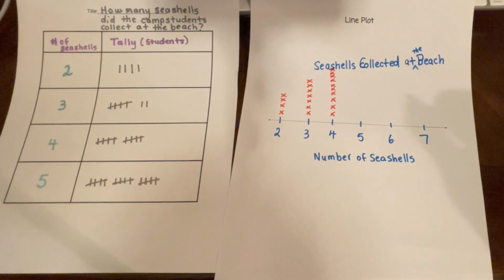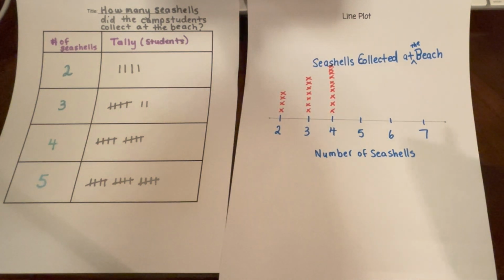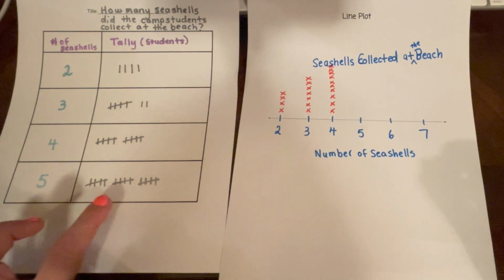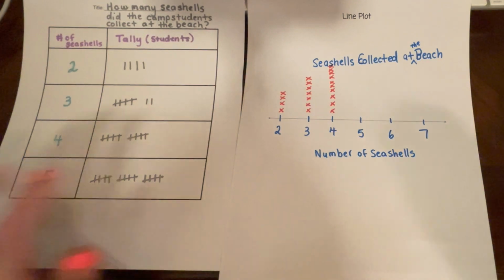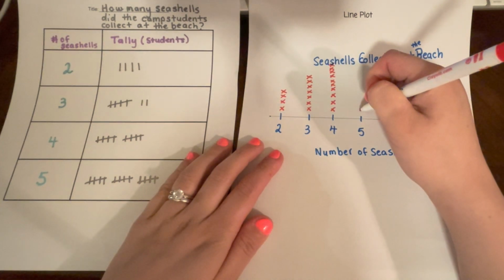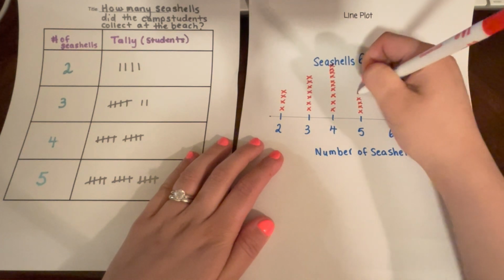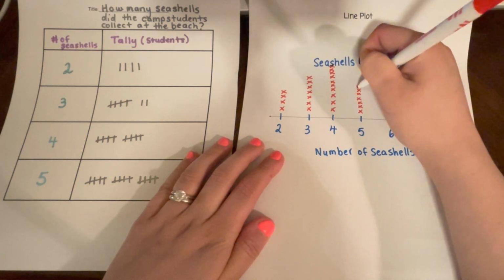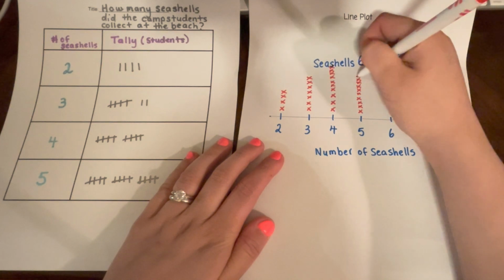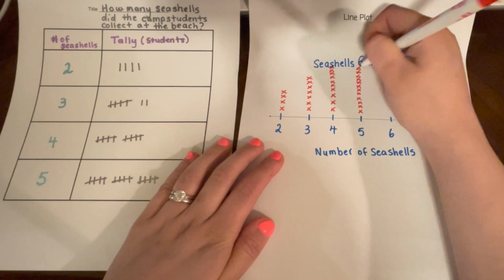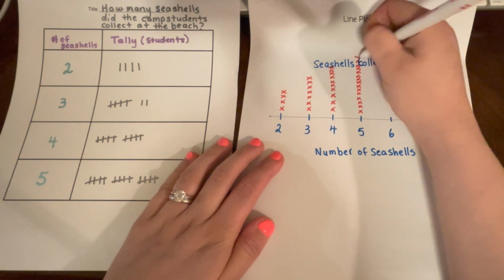Oops, I should have put my title higher. So think of that when you're doing your own line plot. And then 15 students picked up 5 seashells. So 1, 2, 3, 4, 5, 6, 7, 8, 9, 10, 11, 12, 13, 14, 15.